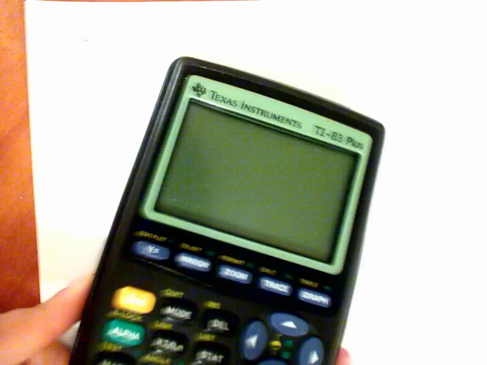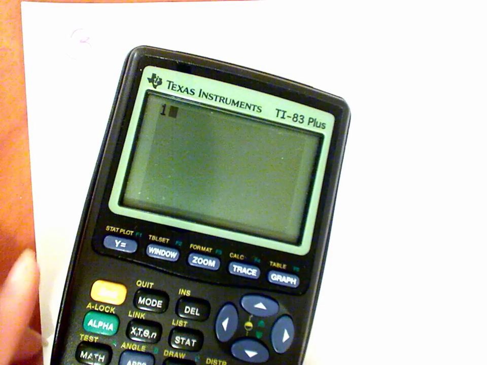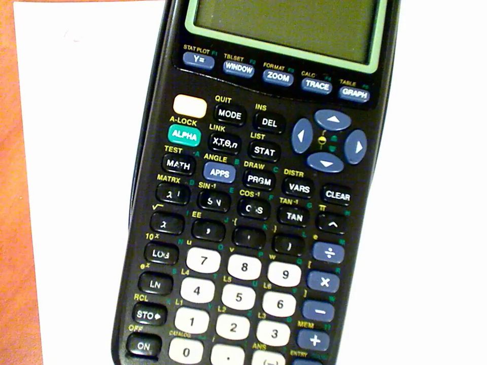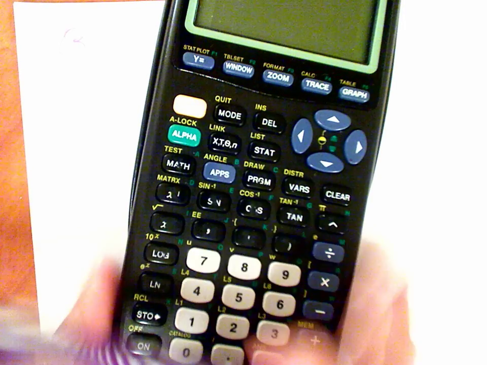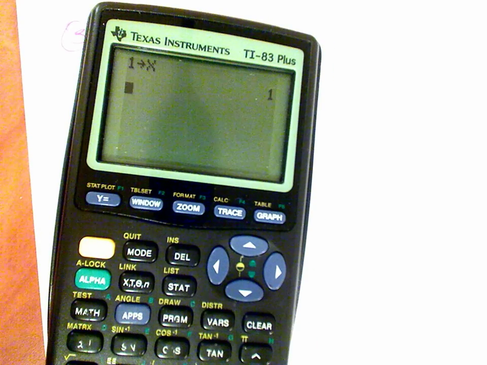So for the first one, we will store the value 1 for x. So get your calculator. To store a value, remember we type the value first, then we hit store, which is the button above on, and then we hit X, and then we hit enter.